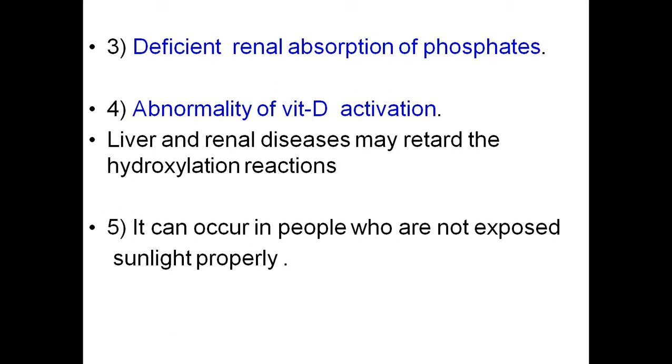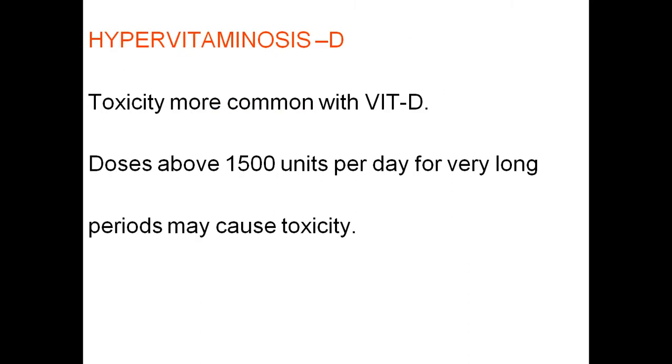It can occur in people who are not exposed to sunlight properly. If people are not exposed to sunlight properly, then the formation of vitamin D in the body decreases. Then hypervitaminosis, excessive doses of vitamin D, what will happen? Toxicity is more common with vitamin D. Doses above 1500 units per day for very long periods may cause toxicity.